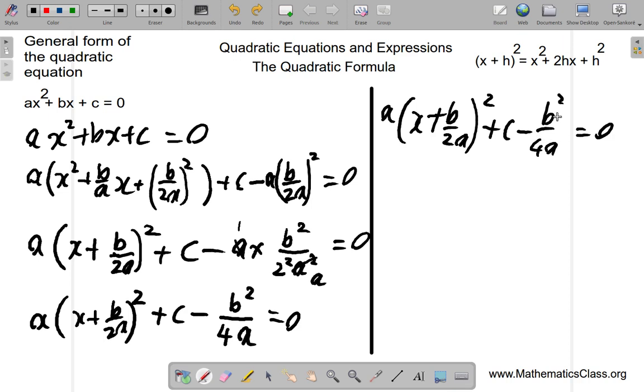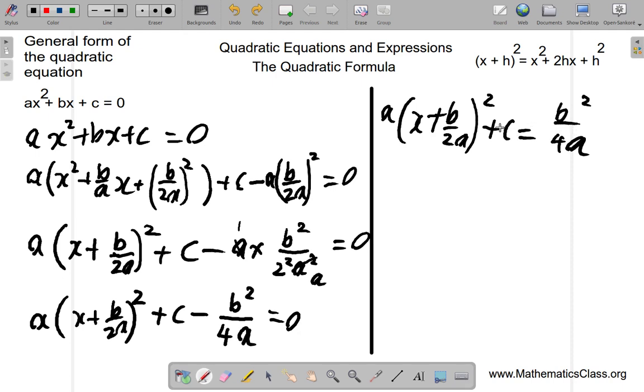Guess what? We could add b squared over 4a to both sides. Suppose we do that, what would happen? We would have an equal sign here, and the b squared over 4a adds to 0, which just gives you the b squared over 4a.